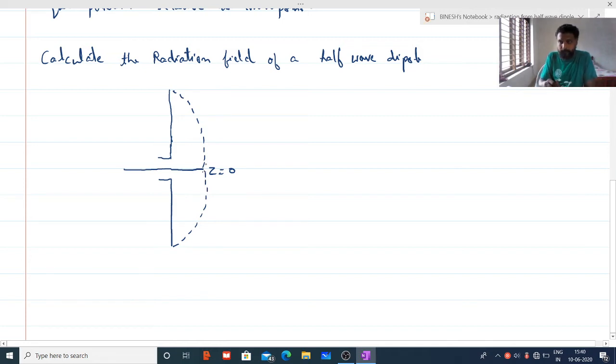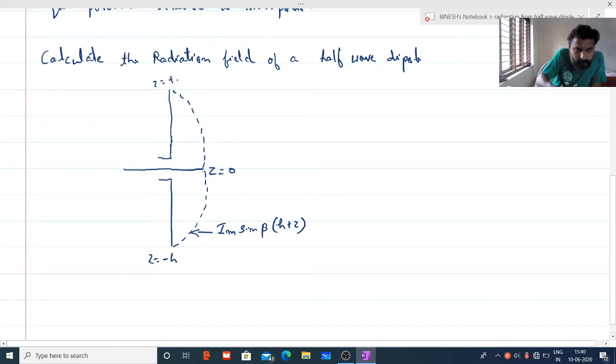This I can call Im into sine beta into h plus z. Here is z equal to minus h. This one is z equal to plus h.